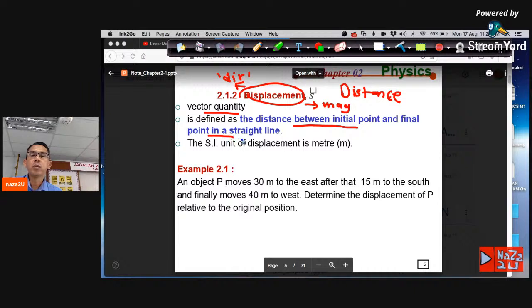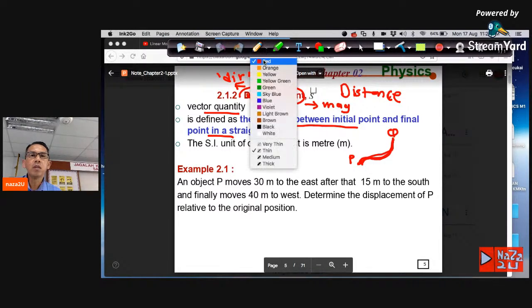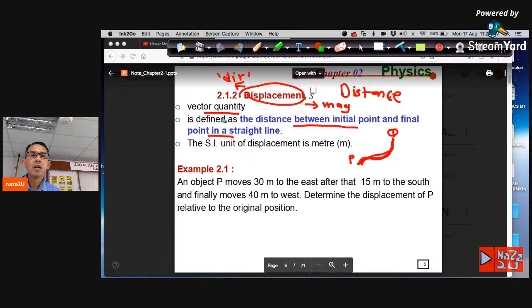If you compare to the definition of the distance, yang tadi kita tengok from P to Q, you measure the long path length from P to Q. But if you talk about the displacement, you just consider where is your initial position at point P, and where is the final position.